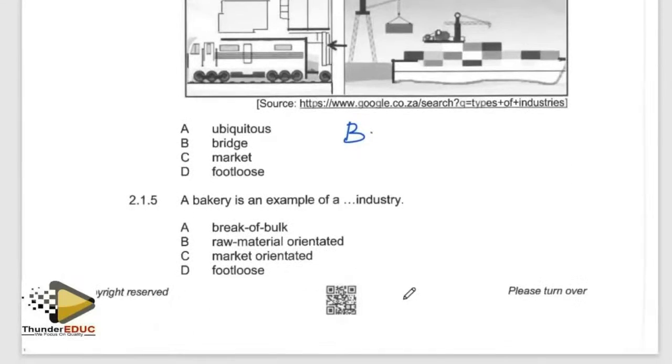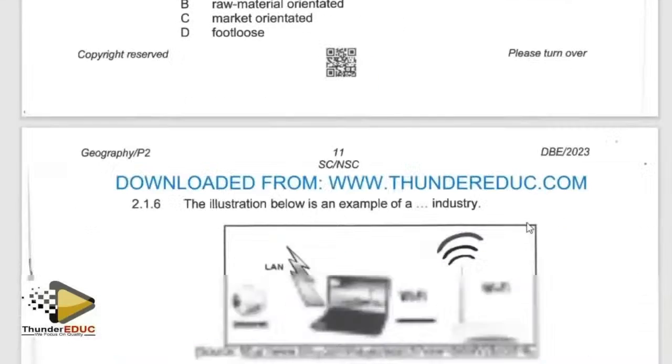Okay. A bakery is an example of which kind of industry? This is what you call market oriented, because you have to locate them close to the market as bread and bakery products get spoiled so quickly.